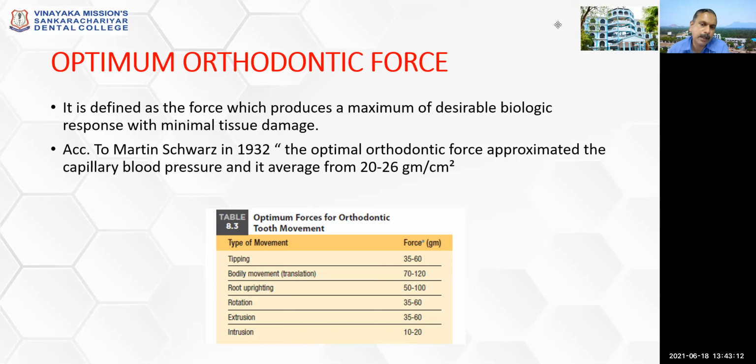So if you apply a very heavy force, more than 20 grams, what will happen? The root will wear off or resorb. So for the biology to be preserved, and for the root to move into a new area of the bone without resorption or biological damage, you should apply a very light force, that is 10 to 20 grams.